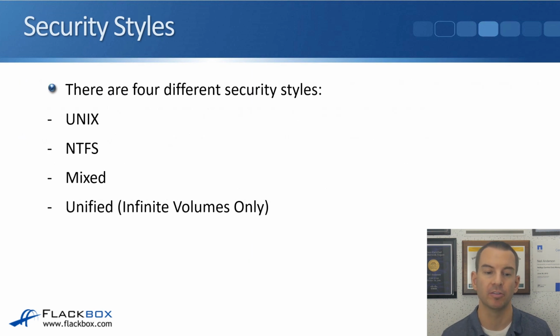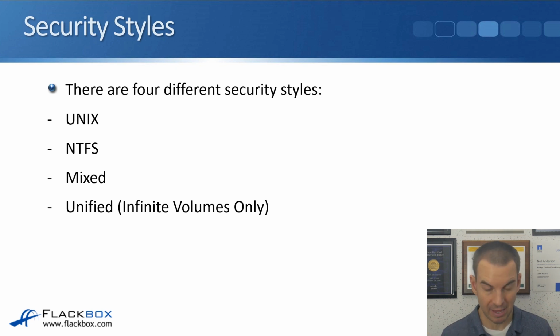There are 4 different ones. There's UNIX, NTFS, Mixed, and Unified, which is used on infinite volumes only. So we can set the security style to UNIX. When we do that, it's not just Unix-based clients that are going to be able to access the data. Windows clients will be able to as well if we allow that through the multi-protocol settings.